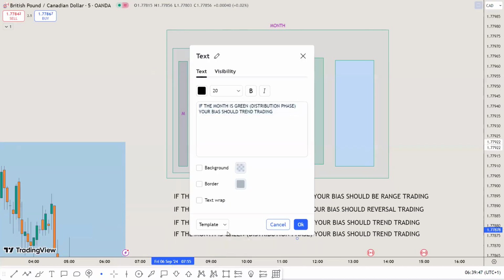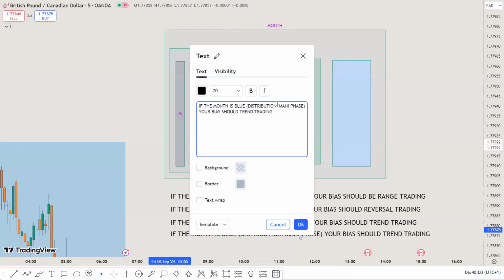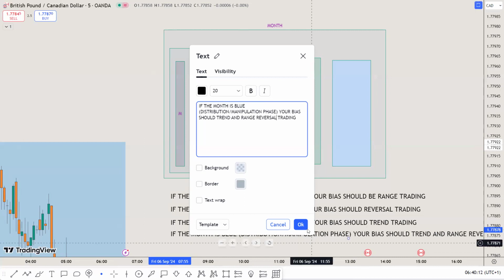And then if the month is blue, so here is what, distribution or what, manipulation. Your bias should be trend and range reversal trading. All right.